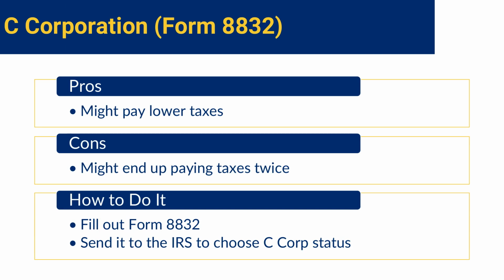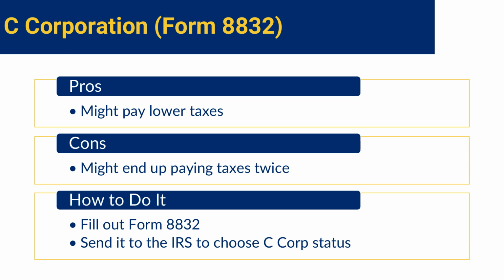Finally, let's look at a C corporation, Form 8832. If your LLC plans to reinvest profits into the business for growth or expansion, or if you have complex ownership structures or are seeking outside investment, choosing C corporation status might be advantageous. By filing Form 8832 with the IRS, your LLC can elect to be taxed as a C corporation.